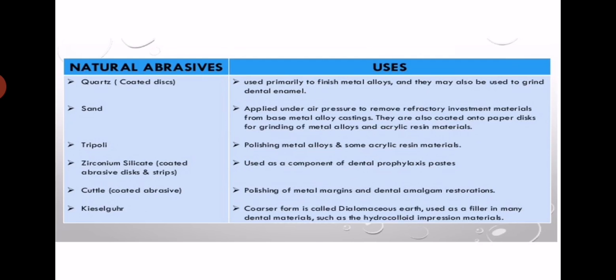The next natural abrasive, tripoli, is used in polishing metal alloys and some acrylic resin materials. Zirconium silicate, cuttle, and kieselguhr are also used in different ways.